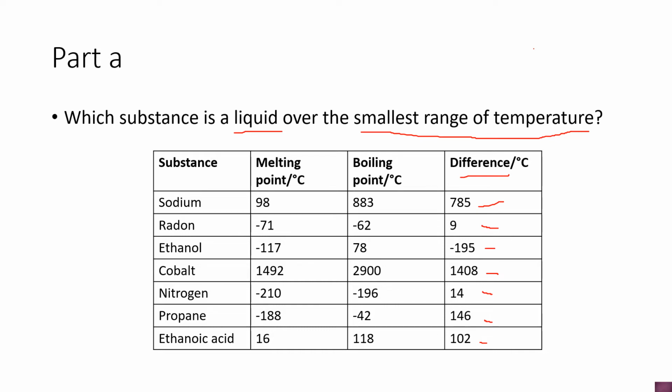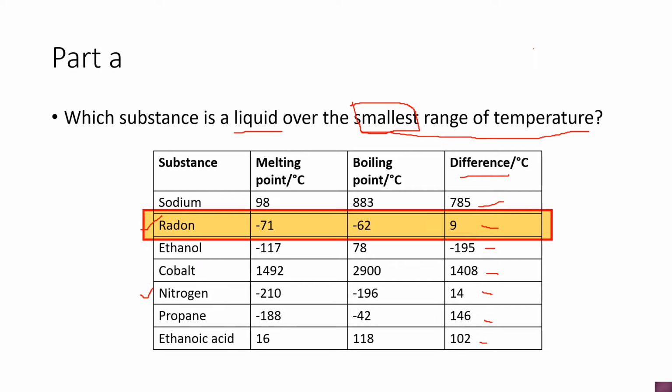So now, as they are asking us over the smallest range of temperature, there are two smallest differences we can see, which are nitrogen and radon. But as they are asking us smallest, we have to go with the answer radon.